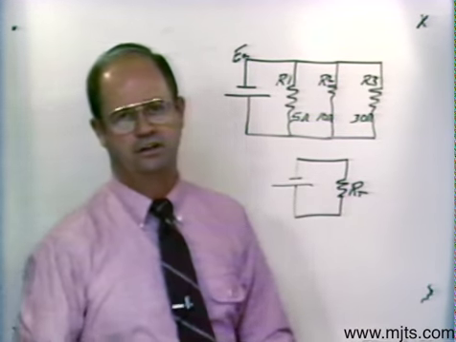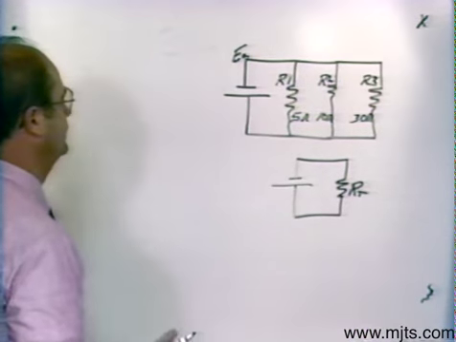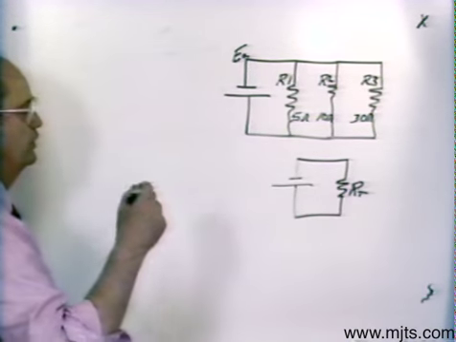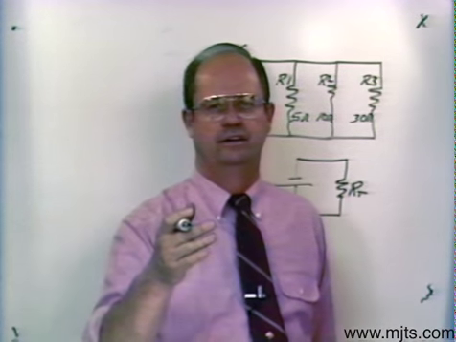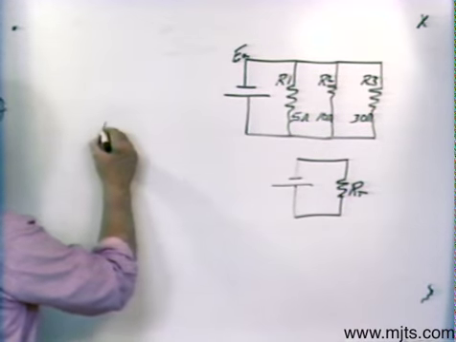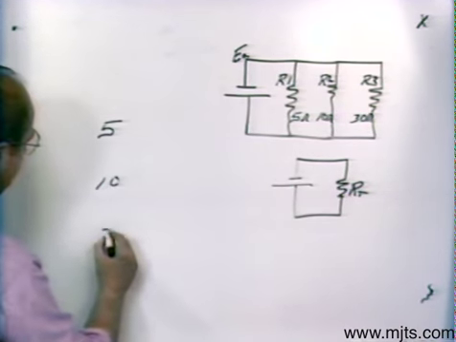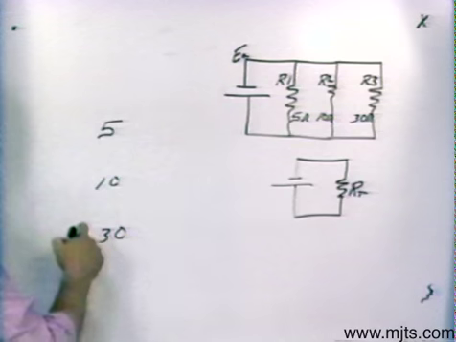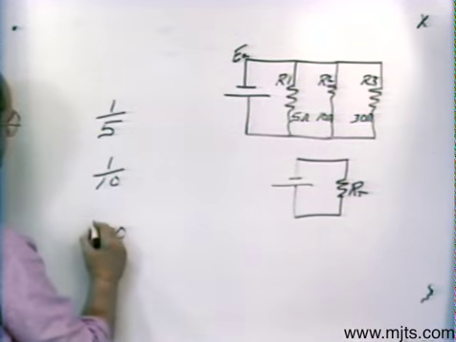Regardless of how many and what their values are, you can use the reciprocal method. Remember, when we found the reciprocal of a number, we took that value into 1. Now, if I take the values of resistance, 5, 10, and 30, and make reciprocals out of those, then I'm taking those values into 1.